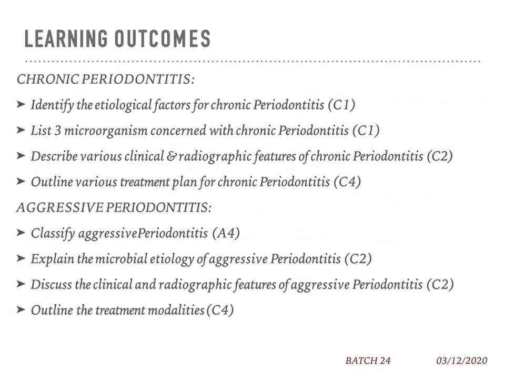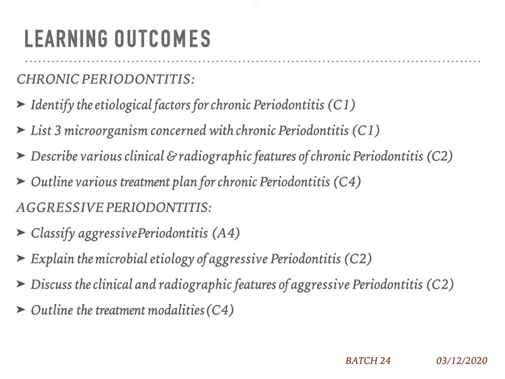So these are the learning outcomes for today's lecture: chronic periodontitis and aggressive periodontitis. The learning outcomes for chronic periodontitis are: identify the etiological factors for chronic periodontitis, list 3 microorganisms concerned with the chronic periodontitis, describe various clinical and radiographic features of chronic periodontitis, and outline various treatment plans for chronic periodontitis.